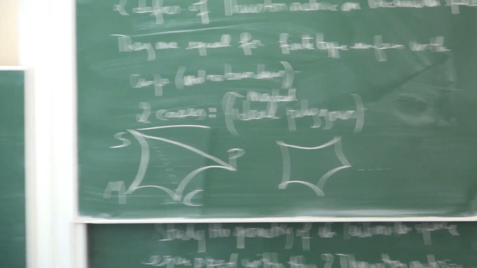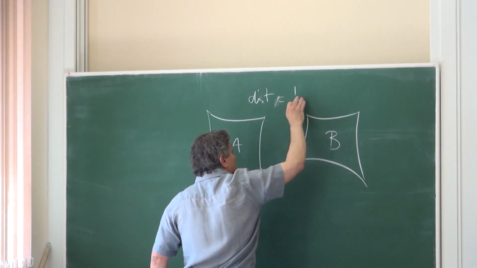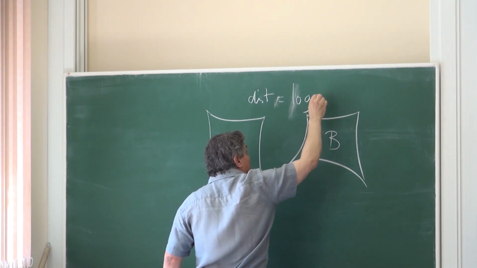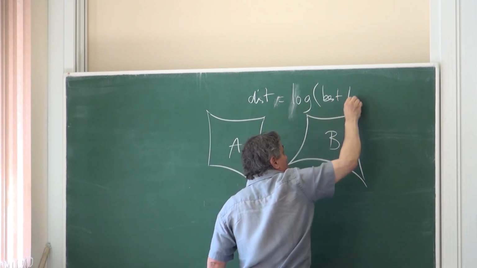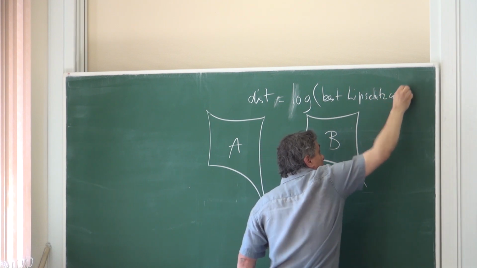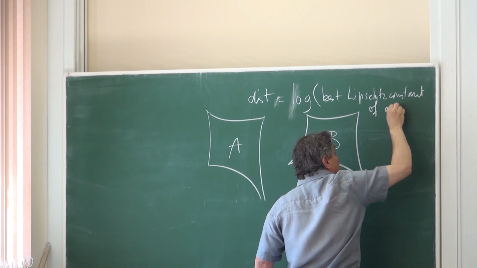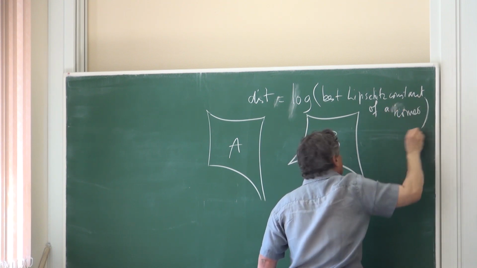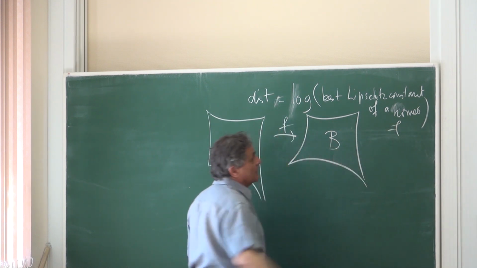And the distance between this one and this one is, I don't need the half, the logarithm of the best Lipschitz constant of a homeomorphism f between these.